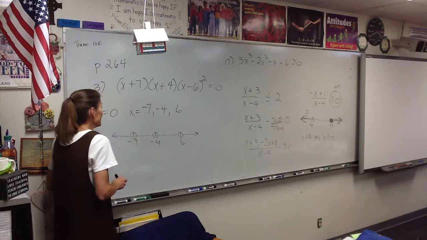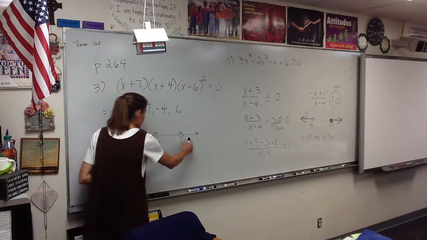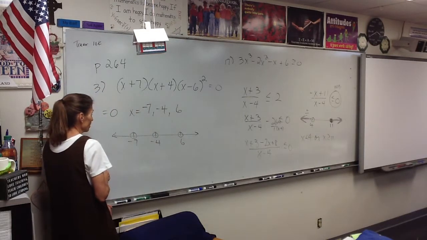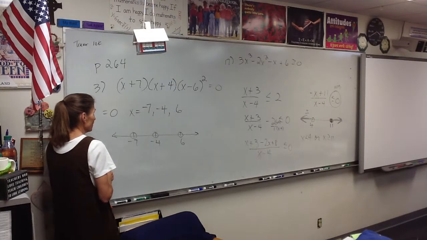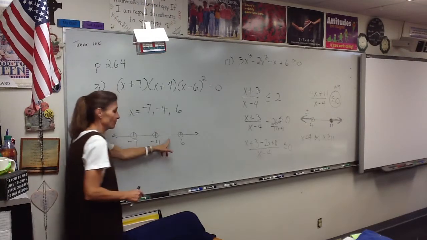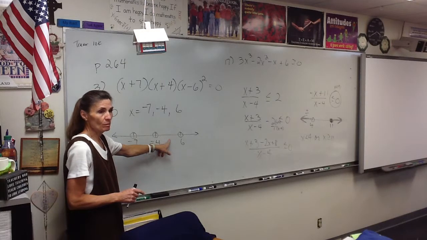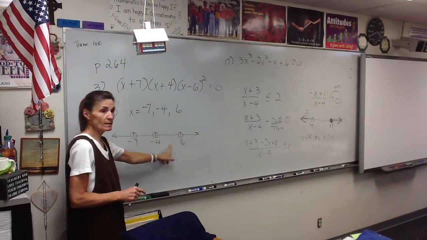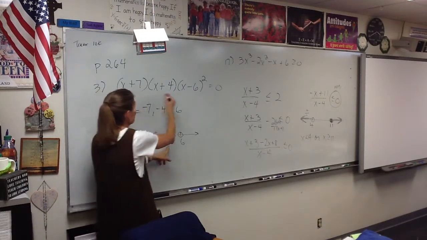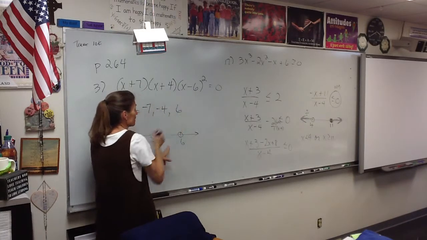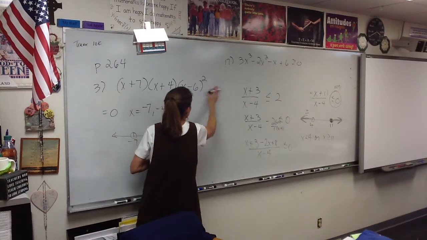Okay. Now, let's look at this number line. Let's pick a number like 0. I'm going to pick 0. 0's right in here. What happens to this guy if I put in a 0? Well, let's see.